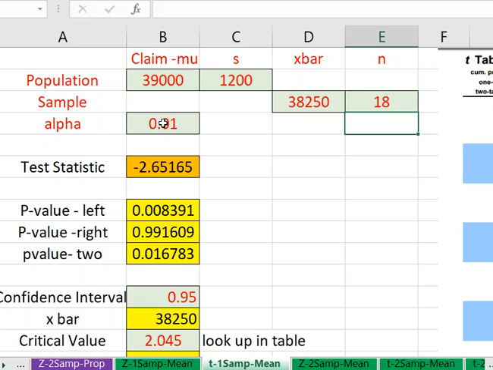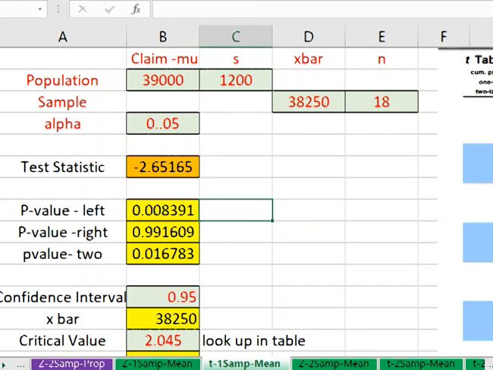I have an alpha of 0.05, so I'm going to put in 0.05 here. This is going to give me a test statistic of negative 2.65 and a left p-value of 0.0084.